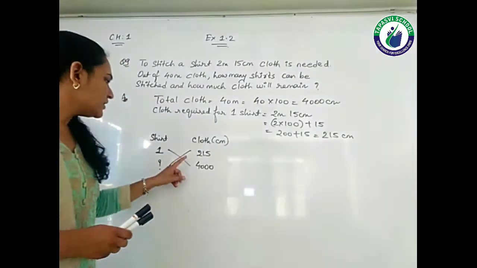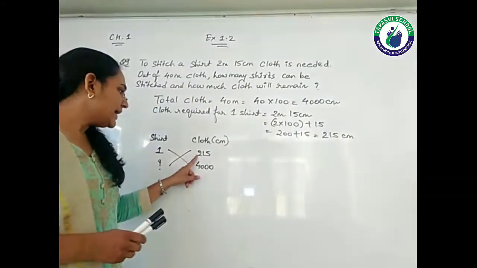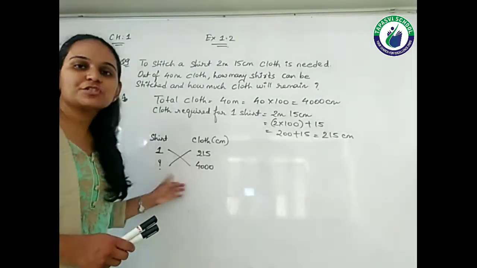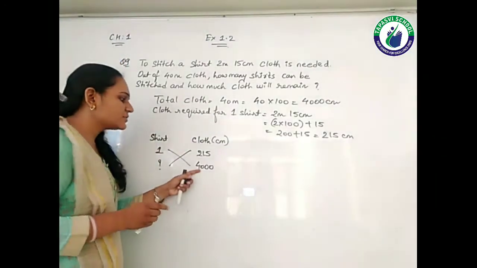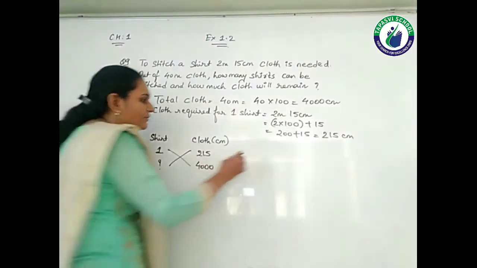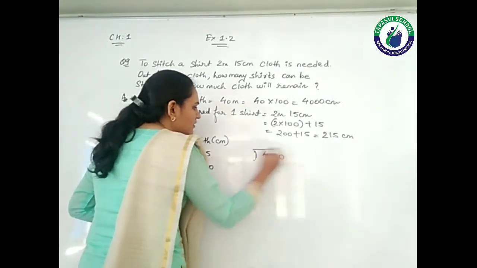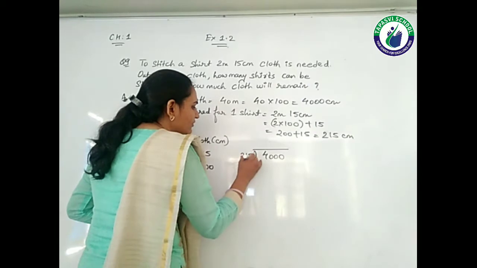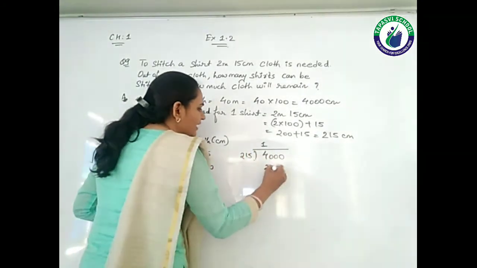So students, 1 multiplied by 4000 is 4000, right? And this 215 will be multiplied by the question mark, so that will be coming in the denominator. So I can say that 4000 needs to be divided by 215. So 4000 divided by 215, right? So 215 ones are 215.